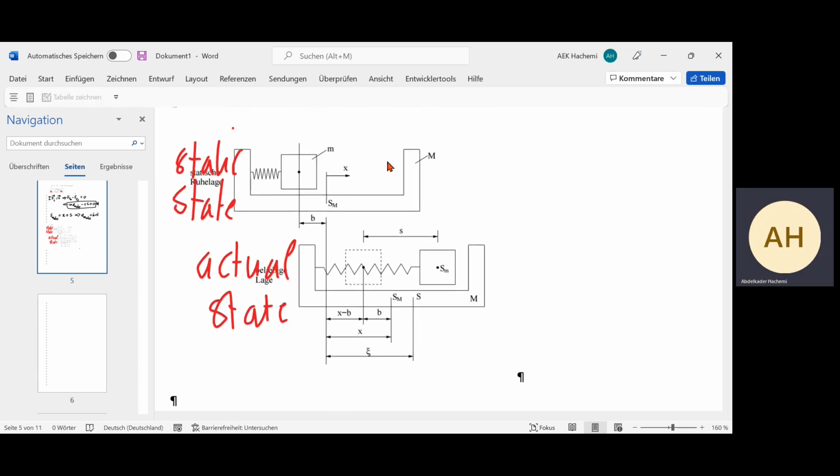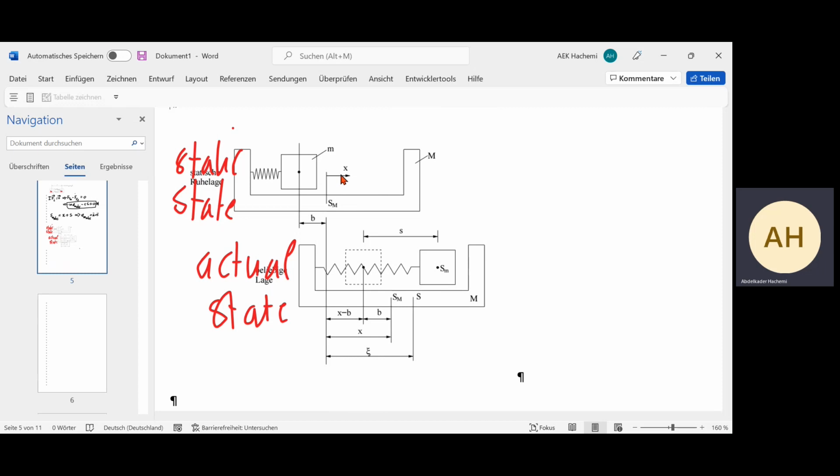Now, if we look at the relative, this x is only when the wagon M moves. We forget what happens on the wagon. That means the wagon moves with x. This is what we call the frame.